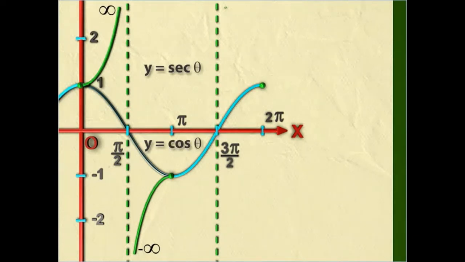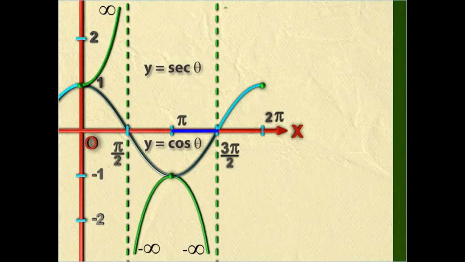Further, as the value of theta increases from pi to 3 pi by 2, the value of cosine theta increases from -1 to 0, indicating that the function secant theta decreases from -1 to negative infinity in the same interval.